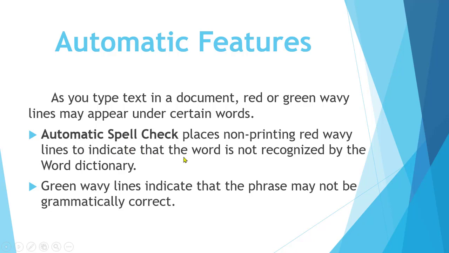Automatic spell check places non-printing red wavy lines to indicate that the word is not recognized by the dictionary. And word is not recognized by the Microsoft Word dictionary means that it has some spelling mistake in it.